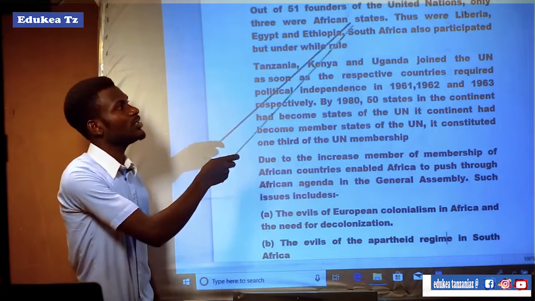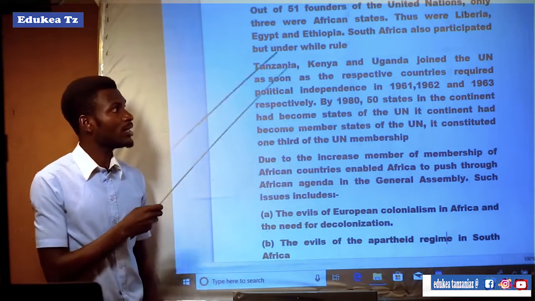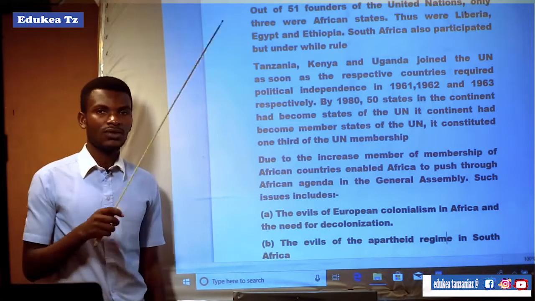So we can consider these countries as the independent states at the time of the formation of the United Nations.